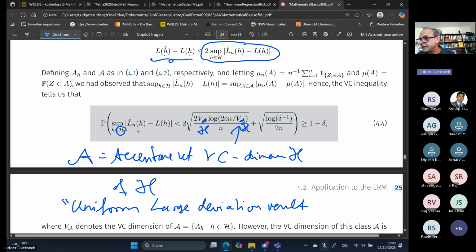Because we know for each fixed H, as n tends to infinity, this goes to zero, and then we take a sup, uniform in H and P. That's really a very strong mathematical result.